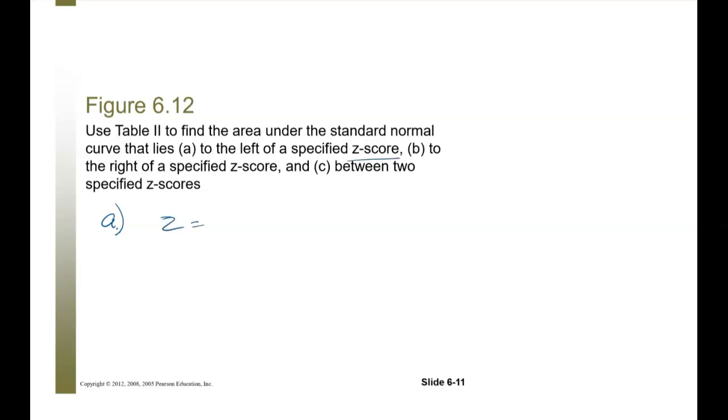So we'll start with z equals -0.21. For b, I'll do z equals 1.37. And then for c, I want to do in between both.